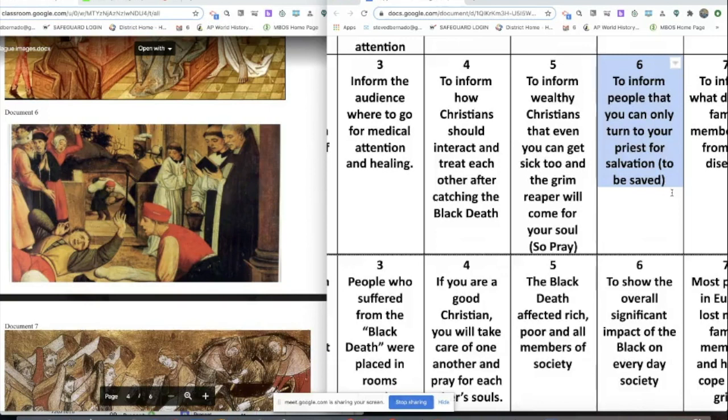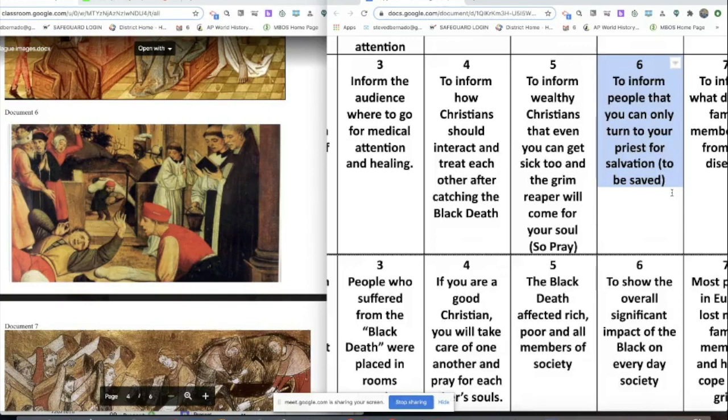And on the right side, you can see images that reflect priests from the Catholic Church that are praying for the souls of the deceased who passed from the Black Plague and the people that are living who are suffering from it. So what is the purpose? Why would an artist get out of bed and go to their studio and paint that image?